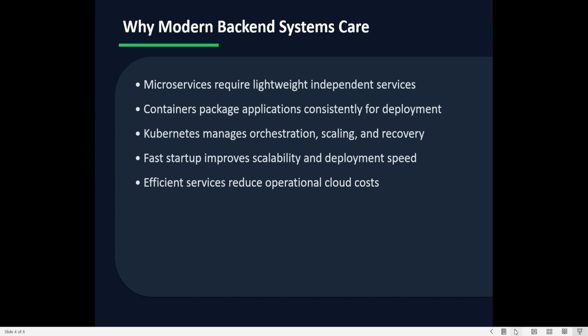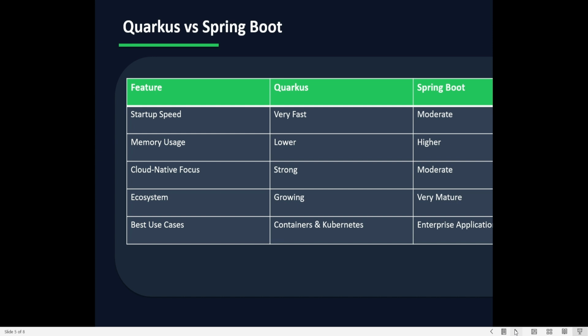Kubernetes then automated infrastructure operations like scaling, deployment management, and failure recovery to mitigate the performance issues that were identified in the early Java deployments.